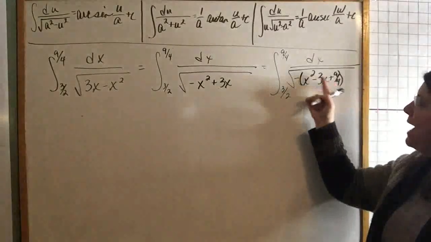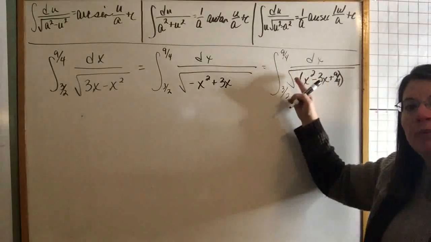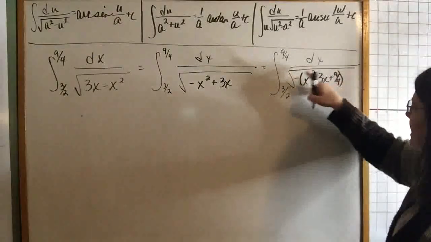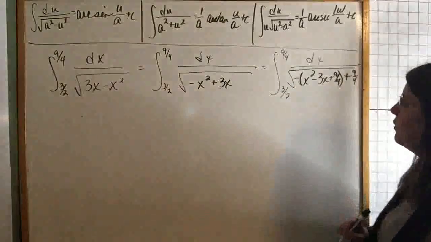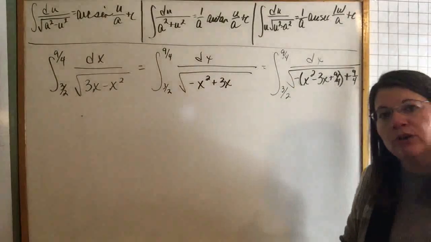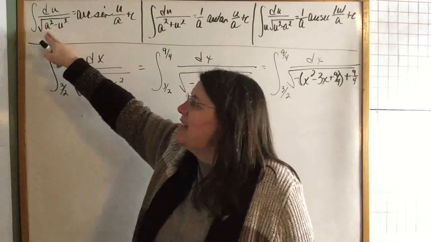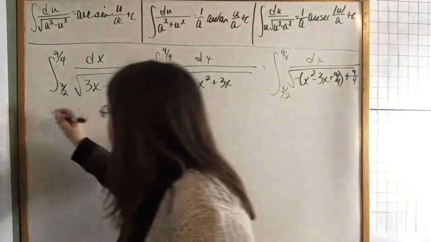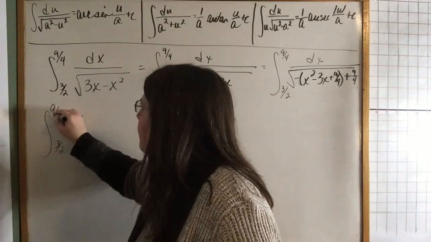But really, haven't I just subtracted that 9/4 because that negative was on the outside? So if I've really subtracted 9/4 over here, I'm going to then add 9/4 so that all I've done is added 0 underneath that radical sign. So if I rewrite this so that I've got the a squared in front minus the u squared, it's still going from 3/2 to 9/4.